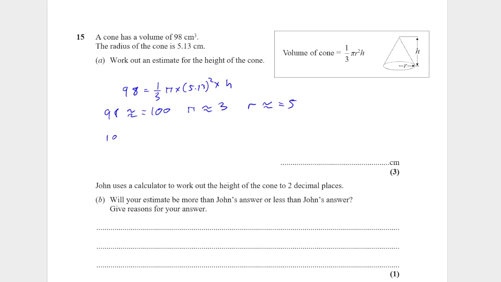So 100 is going to be equal to 1/3 times 3 times 5 squared times the height. So that would cancel. So we've got 100 is equal to 25 times the height. So the height is approximately equal to 4.